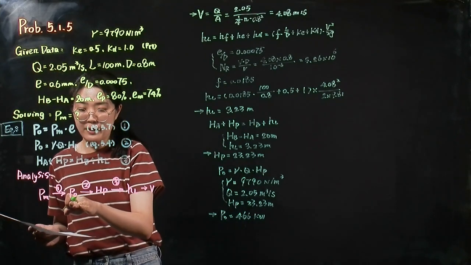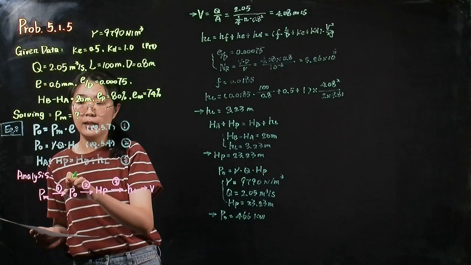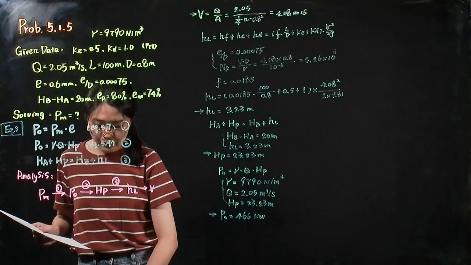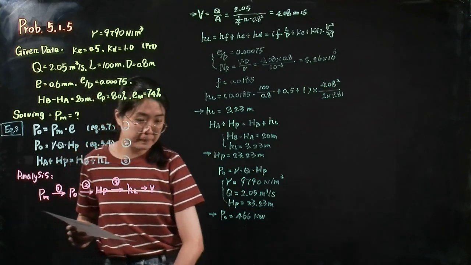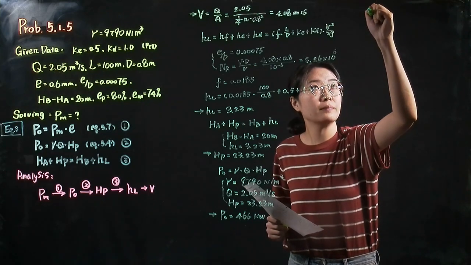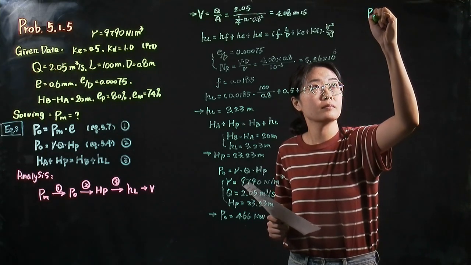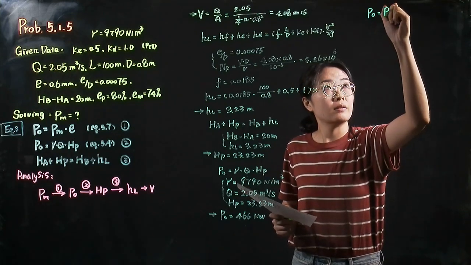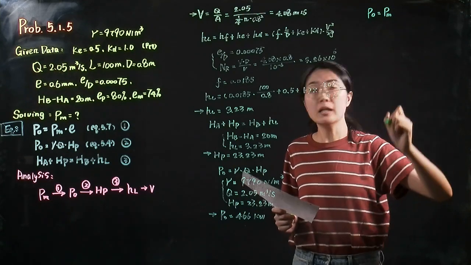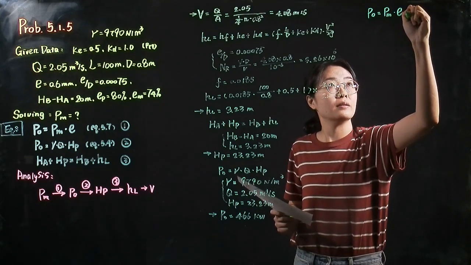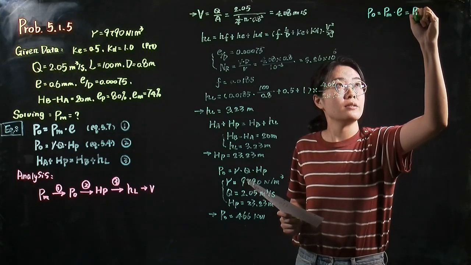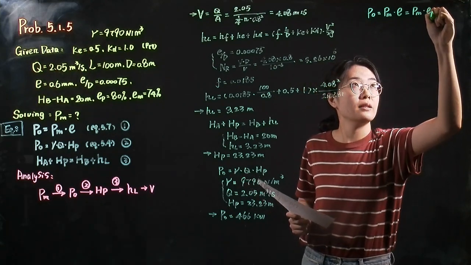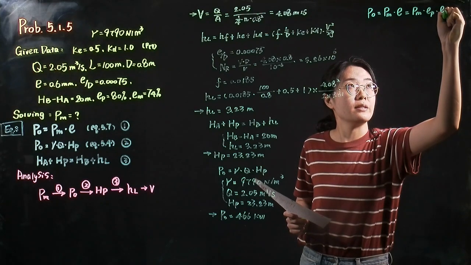Then the last step is to bring the output power into equation 1 to calculate the required power for the motor. The output power equals the required power for the motor times the total efficiency. And the total efficiency can be represented by the pump efficiency times the motor efficiency.